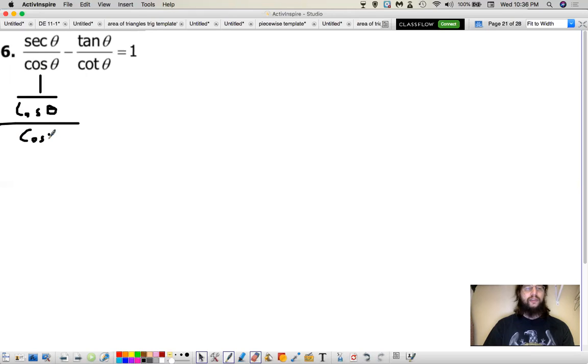I'm dealing with fractions, so better go ahead and put this as a fraction. Tangent, sine over cosine. Cotangent, cosine over sine. Equals 1.